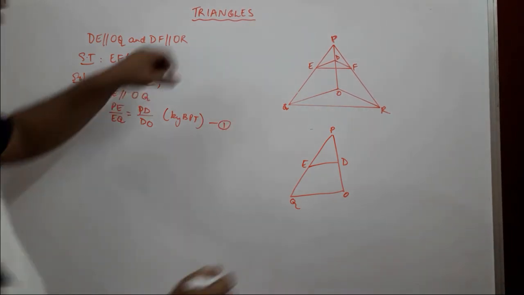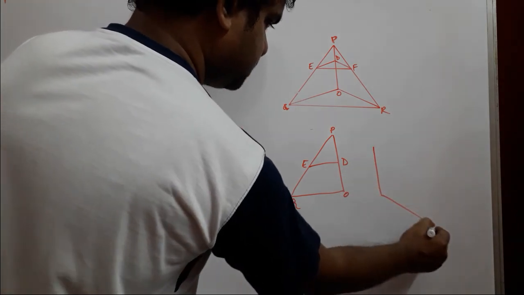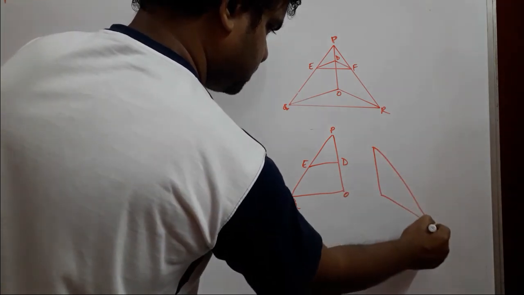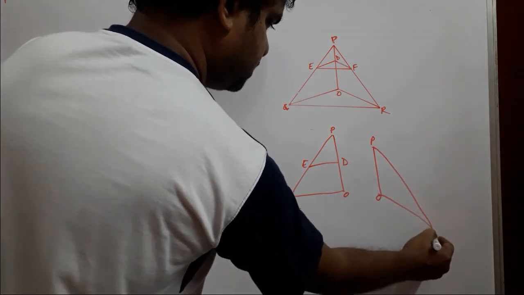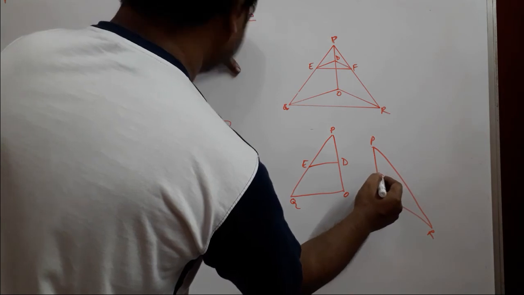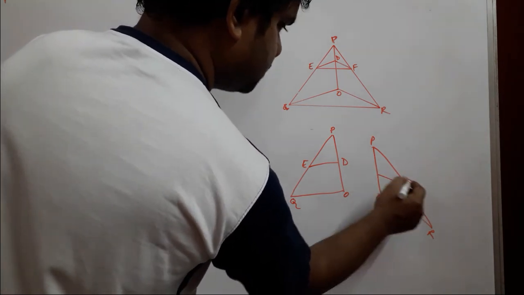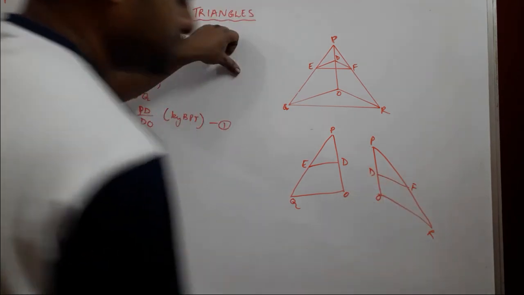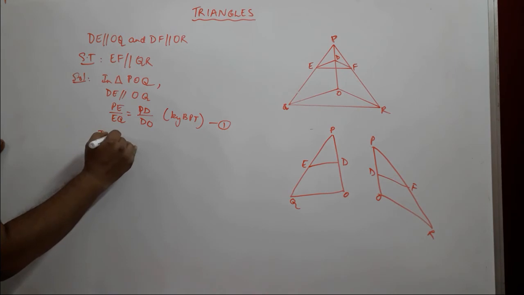Now I'll take the other triangle, and the other triangle should look something like this. Okay, so we have P over here, O over here, R over here, and we'll draw parallel, that is DF. We have F over here and D over here. Now I'll apply the basic proportionality theorem to that triangle.